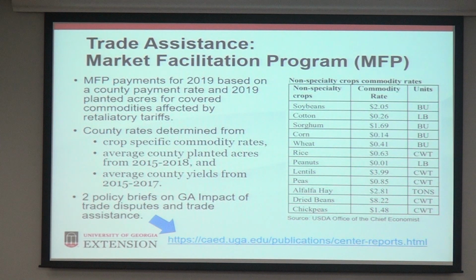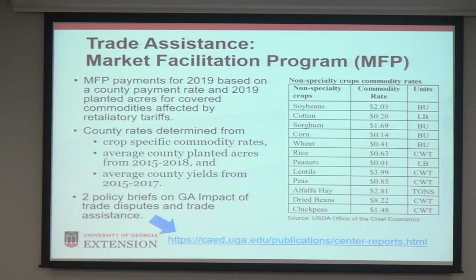If we looked at 2015 to 2018, it was the average of those 3 years for planted acres, and the average of 2015 to 2017 for the county yields, and that was used as a weighting mechanism with those commodity rates to come up with what the county payment rate is.